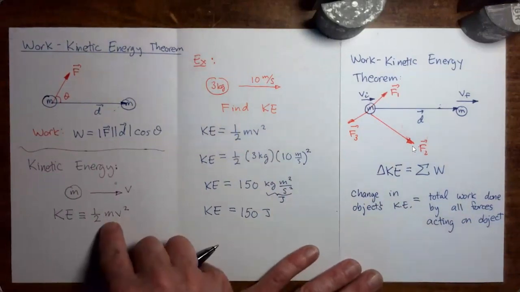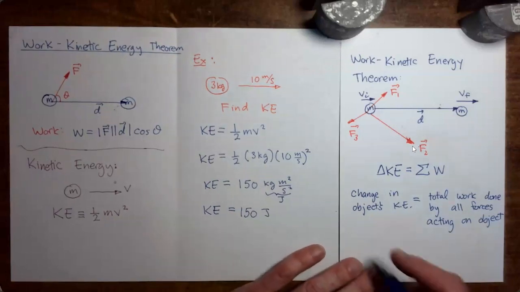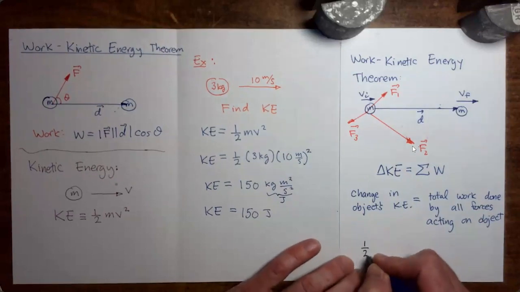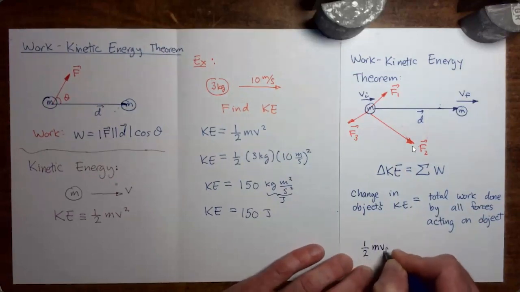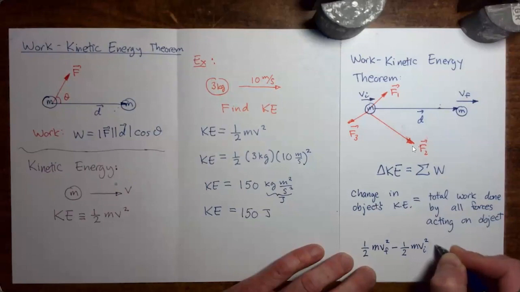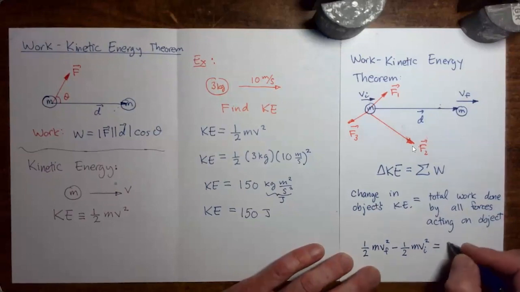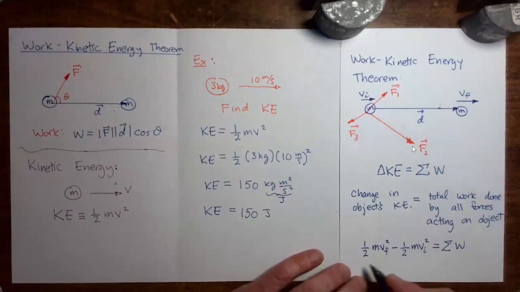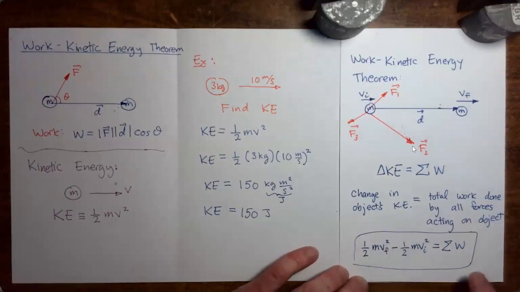Since the kinetic energy is defined as 1/2 the mass times the speed squared, then the final value would be 1/2 mass times final speed squared. Then we subtract the initial value, 1/2 the mass times the initial speed squared. And then that is equal to the total work done on the object by all forces acting. So this is our work-kinetic energy theorem. And in the next couple of videos, we're going to be doing example problems using the work-kinetic energy theorem.